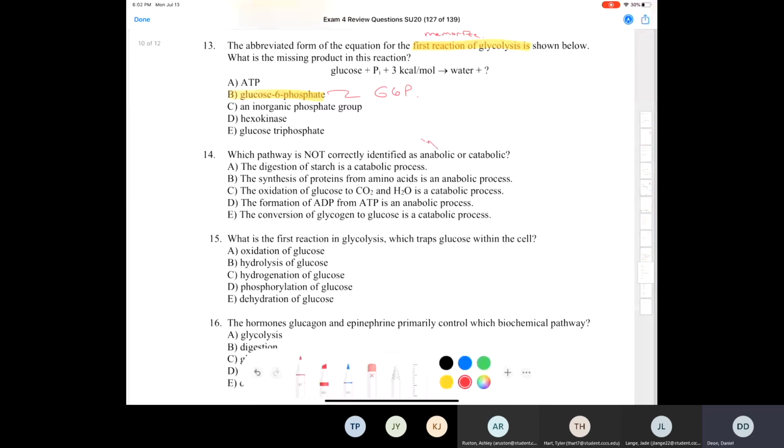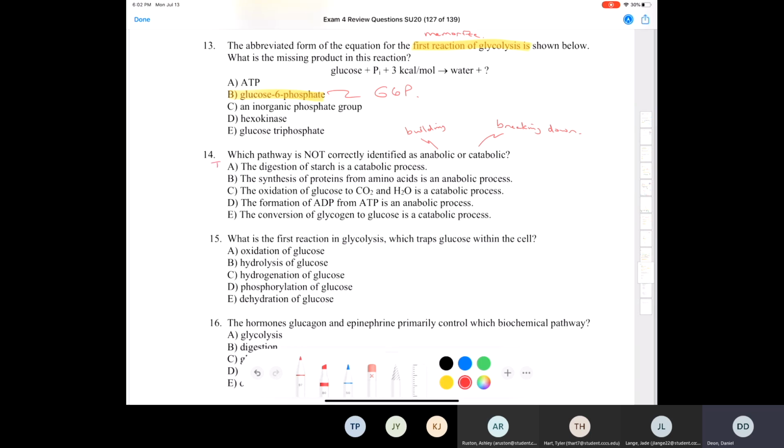Remember, anabolic means building up, building, and catabolic we could describe as decomposing or breaking down. We'll just put breaking down. Okay. So digestion of starch is catabolism, or is a catabolic process. That is true, right?